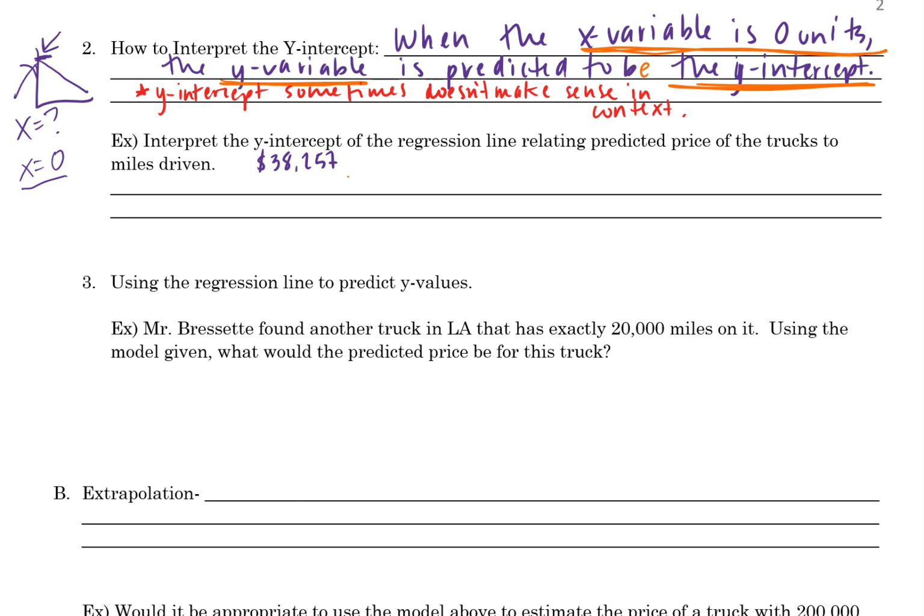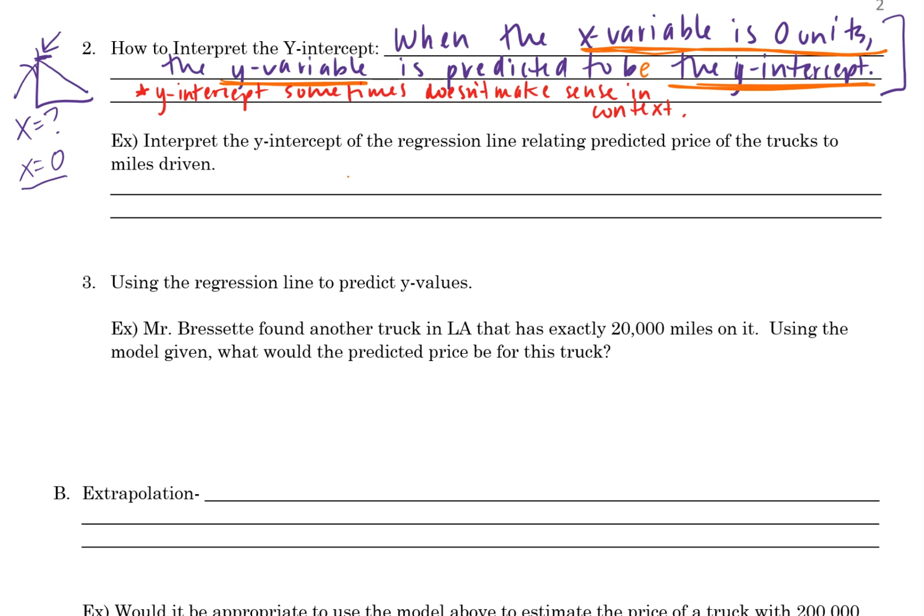But again, if you want to say the price of a new truck is predicted to be 38,257, that's perfectly fine. But if you want to follow my fill in the blank sentence to do this, that's totally fine too. That's what I'm about to do. Okay?